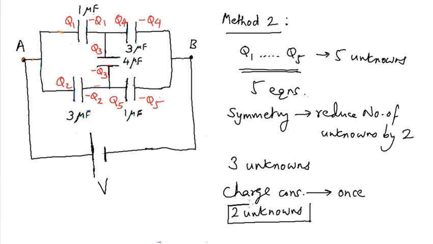From 5 unknowns, the complexity of the question has been reduced considerably by applying simple symmetry conditions and one simple charge conservation equation. Finally, we will apply two loop equations to get the two unknowns, and hence we will proceed to find the capacitance of the circuit.